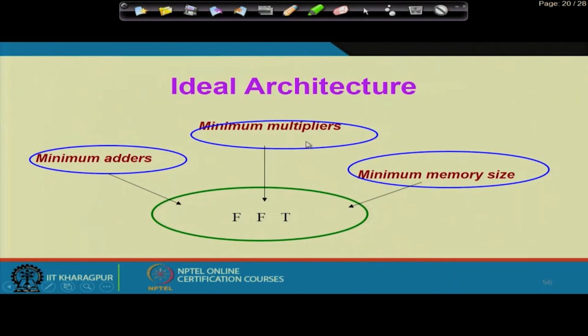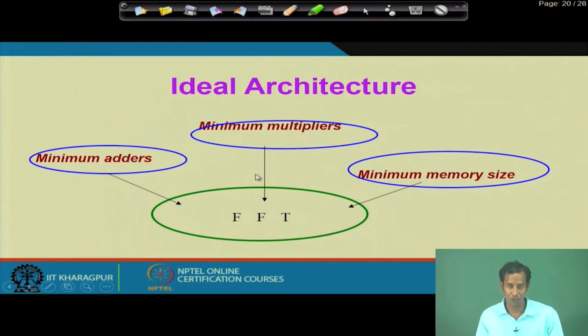When we increase the radix and use larger processing elements, the controller becomes much more complicated, and either the memory size increases or the multiplier and addition requirements increase.